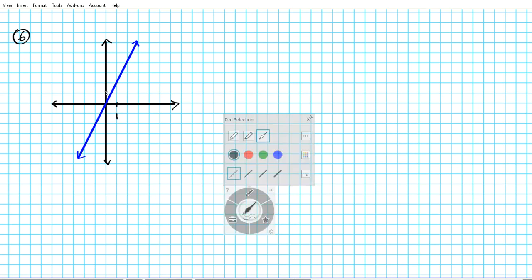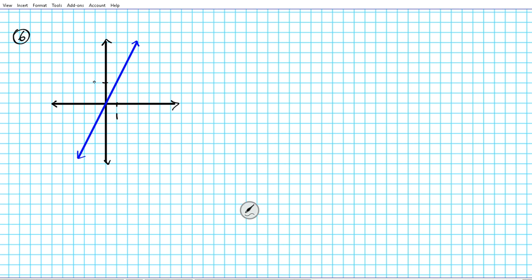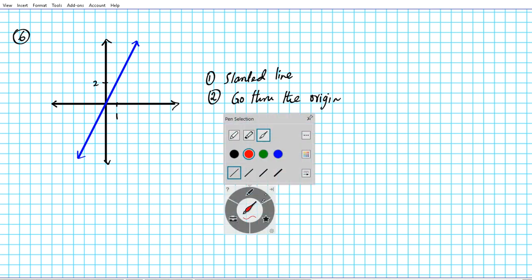The first thing is the line has to be slanted. So component 1, you need a slanted line. And component 2, it has to go through the origin. If you have a slanted line that goes through the origin, then it's automatically a direct variation.